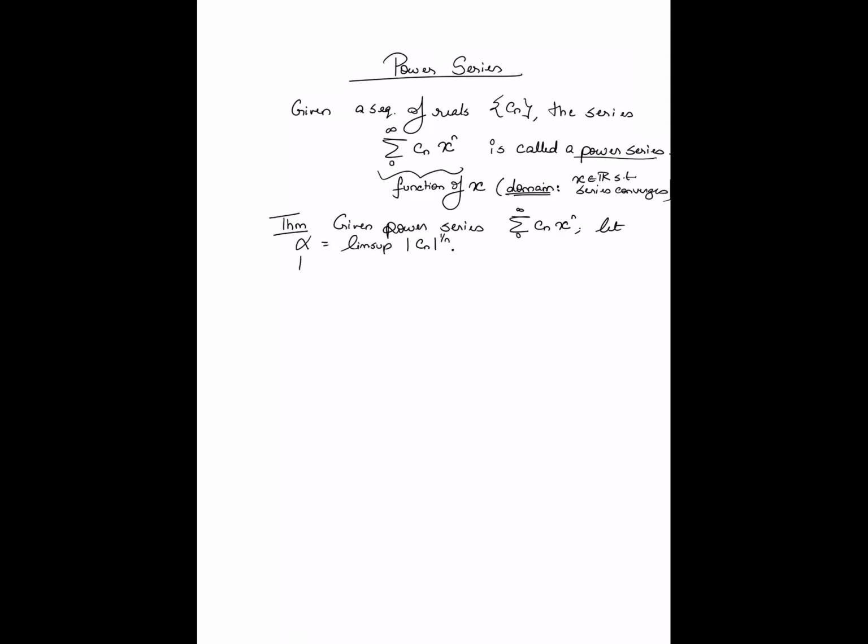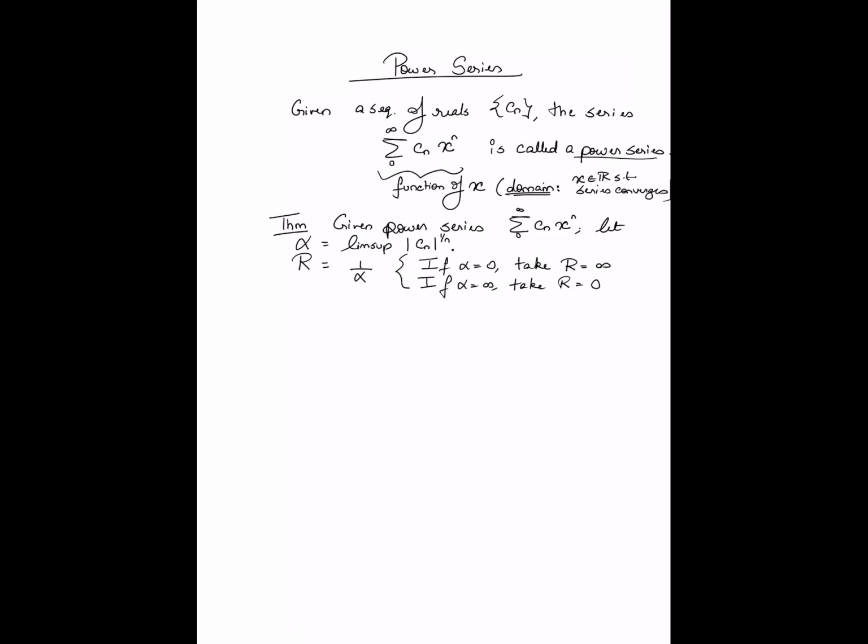Now let us define R to be 1 by alpha. Now remember, alpha is the lim sup of a certain non-negative sequence. So alpha can be 0, alpha can be a positive real, or alpha can be infinity. So when I say R is 1 by alpha, these standard interpretations apply: if alpha is 0, take R to be plus infinity, and if alpha is infinity, take R to be 0.